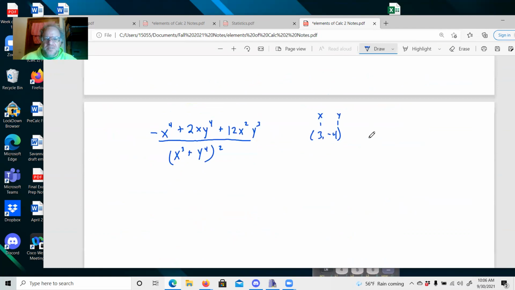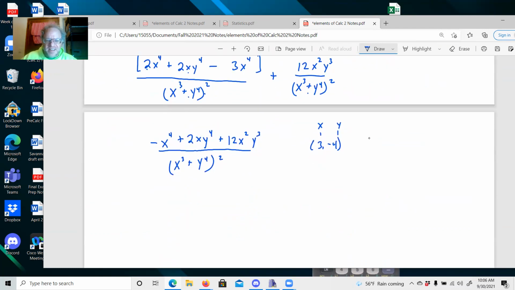Right? So what do we have here? We have -3 to the 4th plus 2 times 3 times -4 raised to the 4th power, delightful. Okay, plus 12 times 3 squared, and then -4 cubed.